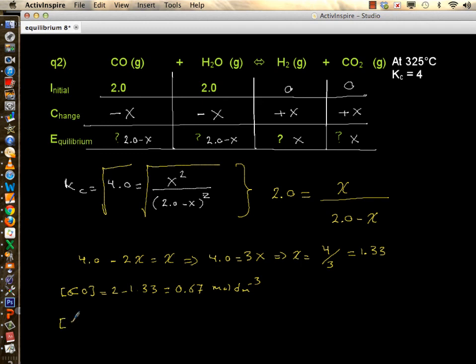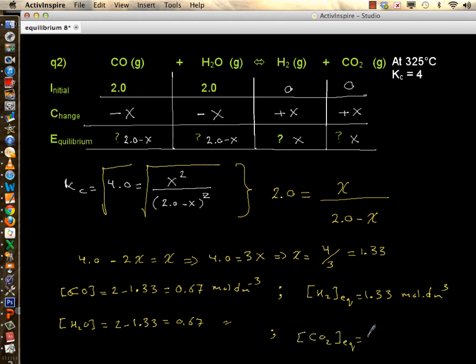Concentration of steam at equilibrium is the same thing, 2 take away 1.33, and it's 0.67 mole per decimeter cube. Concentration of hydrogen at equilibrium is x, which is 1.33 mole per decimeter cube, and concentration of CO2 at equilibrium is also x, which is 1.33 mole per decimeter cube.